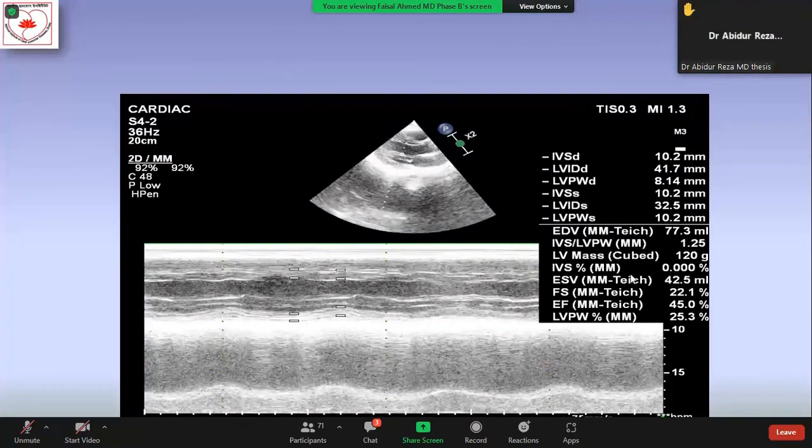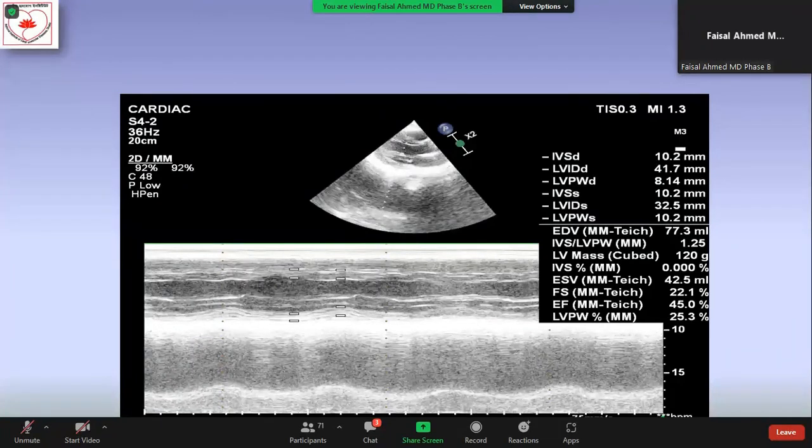It was 5:1, 5:1 block. If we say that it's an ECG of high degree AV block, we can say that this is 5:1. But actually, the PR is slightly variable. And in case of high degree AV block, some P waves are conducted.